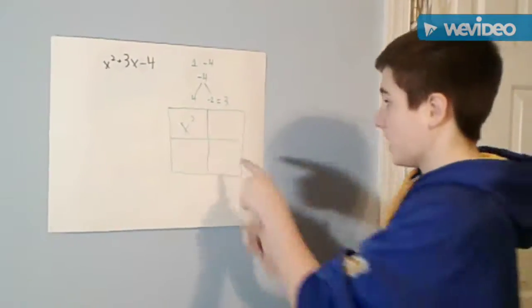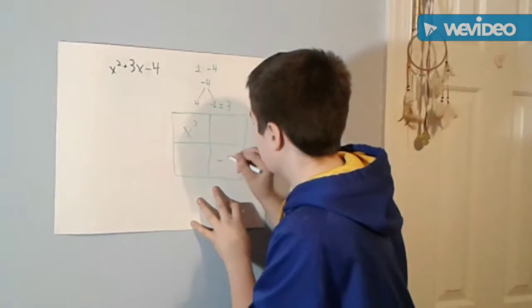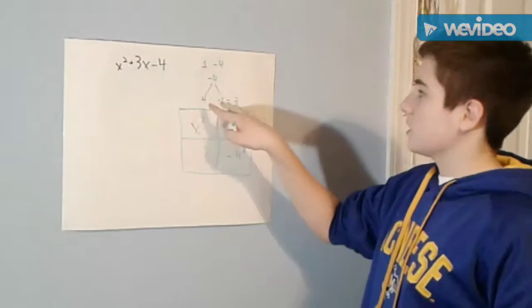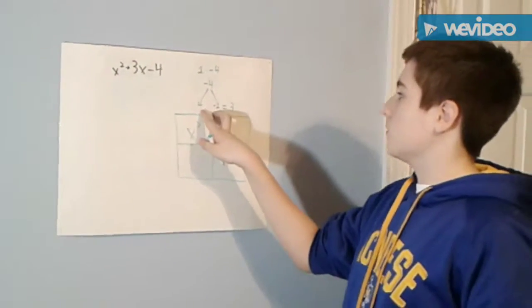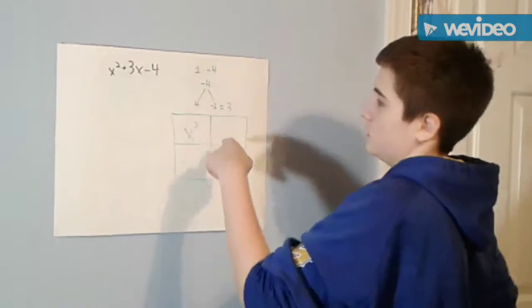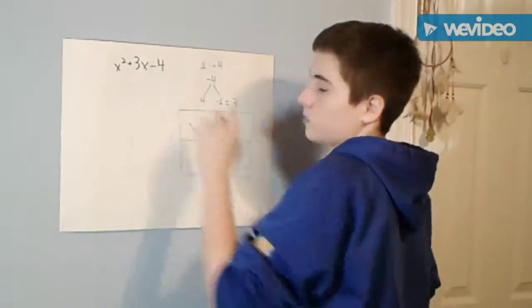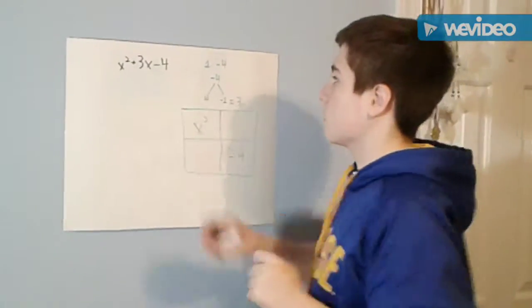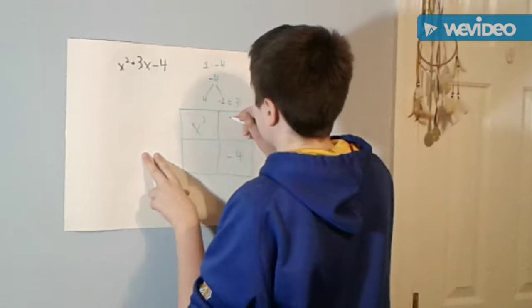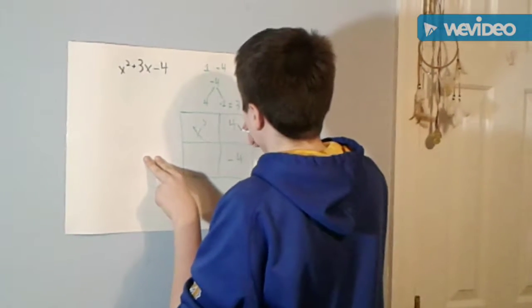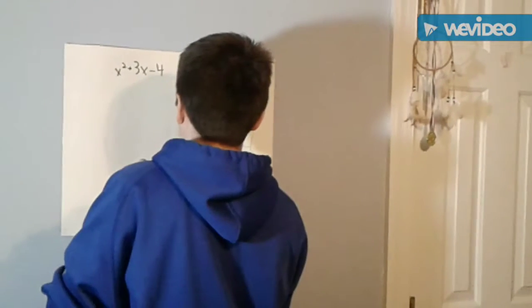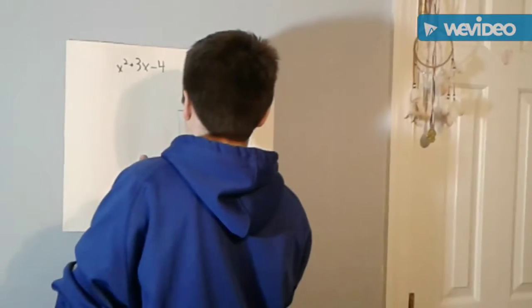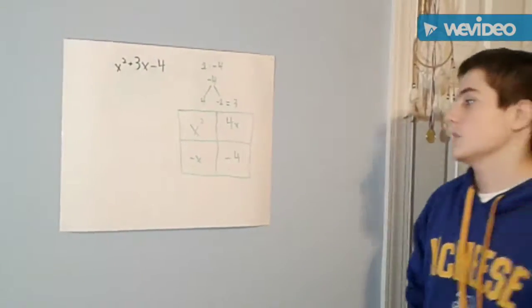You're going to take your c value and put it in the square, -4. And now you're going to take your two values from this process and replace the middle term from 3. So you're going to do 4x and -1x, or just -x in this case.